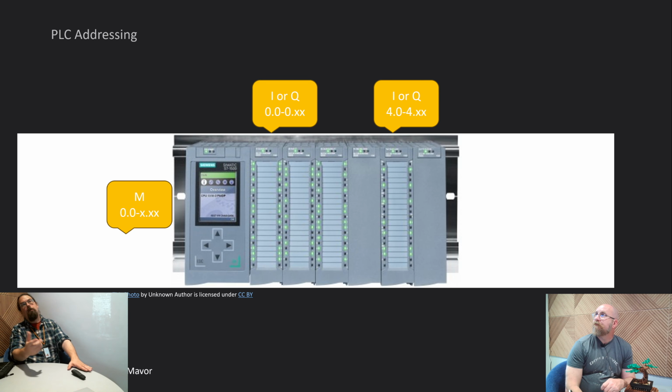One quick note: you can't just continue to add I/O ad infinitum to a PLC with modules this way. There is an upper limit to how many modules a PLC will be specified or rated to handle. Yeah. That's something you also need to be aware of when you're specifying or working with a PLC.